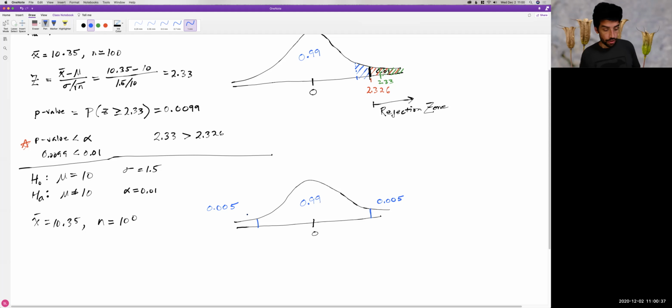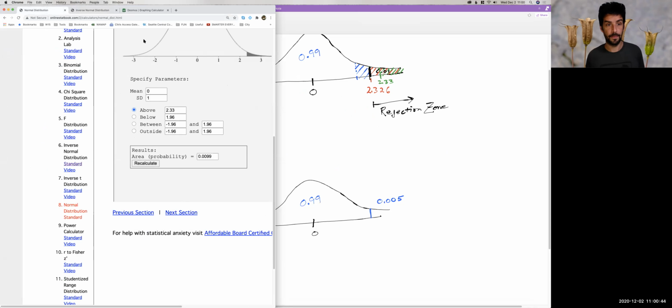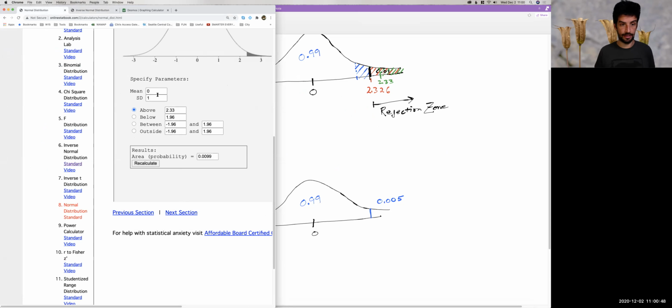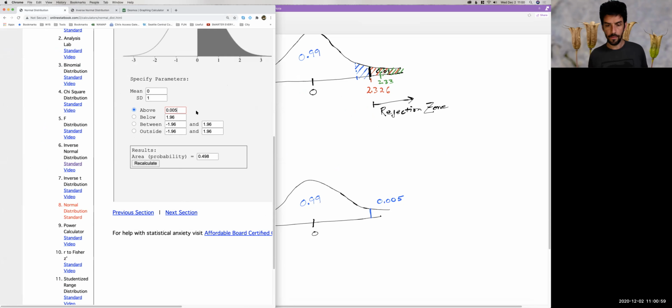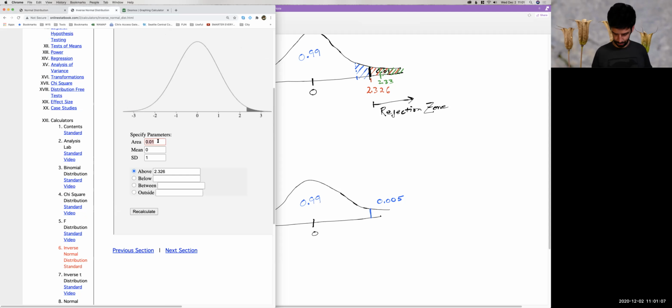Okay. So let's take a look at an inverse normal distribution calculator. We want to know what z-score has 0.005 above. Oh, I'm not in the inverse thing. That's why I'm putting things in the wrong spot.